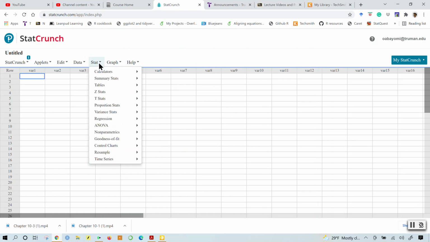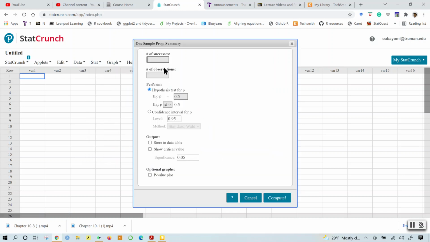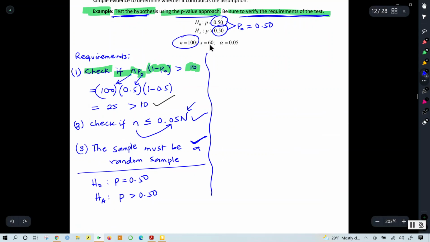In StatCrunch, go to Statistics. This hypothesis is about proportion statistics, so I'll go to One Sample and With Summary. I'm going with summary because I don't have raw data. In number of successes, going back, my x is 60 out of 100.